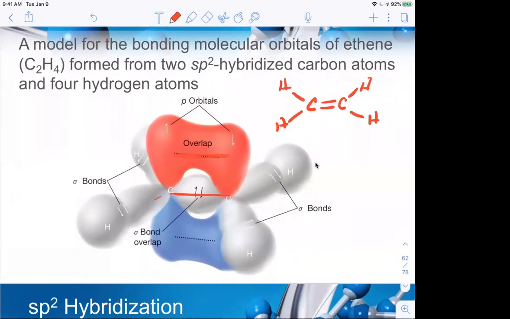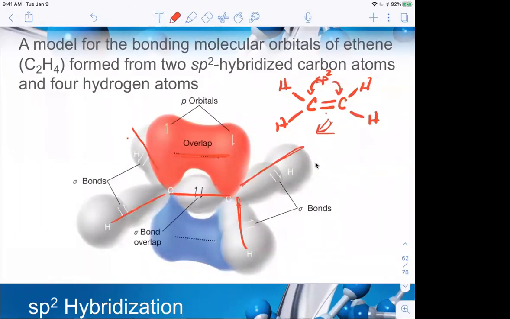And then I have the sigma bonds here, the sigma bonds here. And if I look at how all of those orbitals overlap, this is how it looks in terms of the orbital overlap on top of my ethylene. So this is sp2 hybridized.